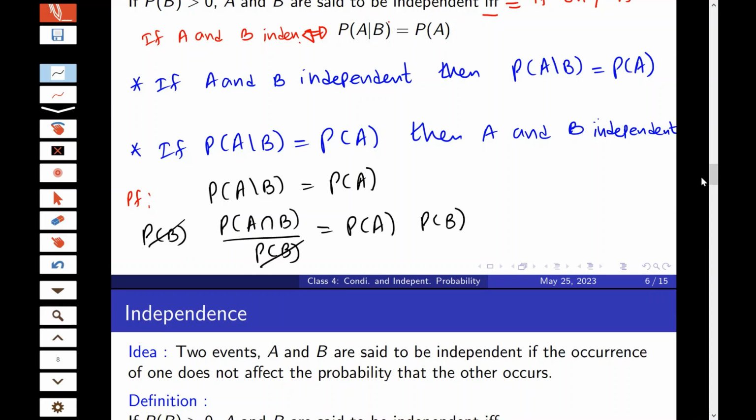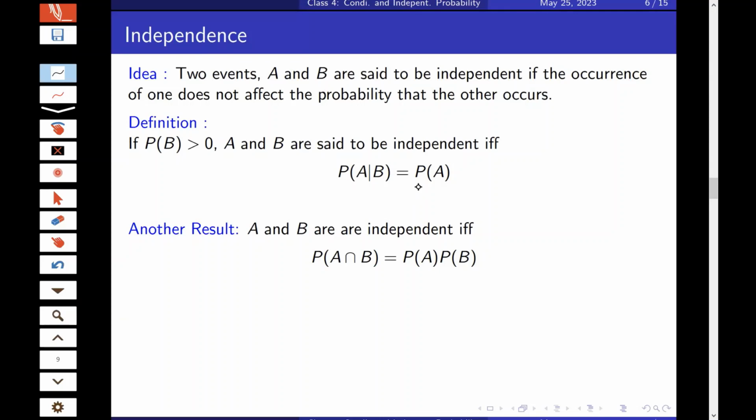After simplification, we see there is another result for independence, which is that the probability of A intersection B equals the probability of A times the probability of B. That's the second result. So if you plug in the definition for P(A given B), you can obtain the second result.